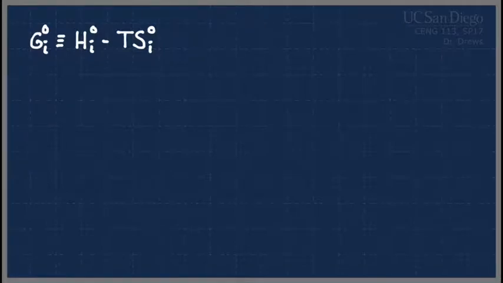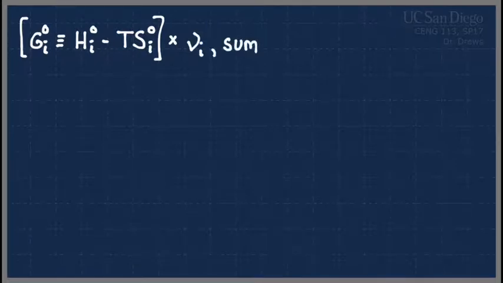What we can do to that is if we take this expression, we're going to multiply the whole thing by nu sub I, and then we're going to sum over all those components. Right, so we're going to do the little summing thing right here. After we do something like that, we get a bunch of these deltas again. So we get a delta G circle is equal to delta H circle, minus T delta S circle.